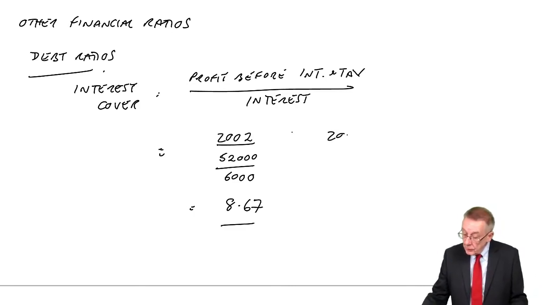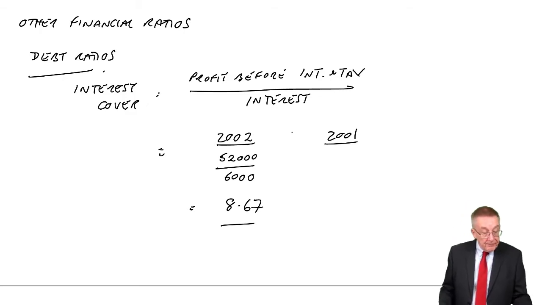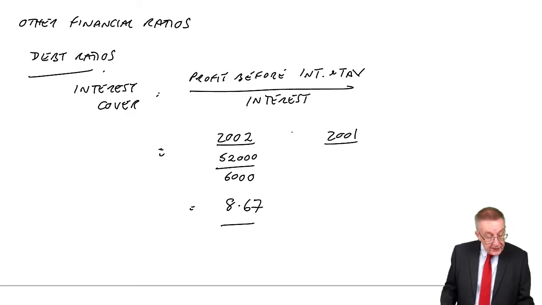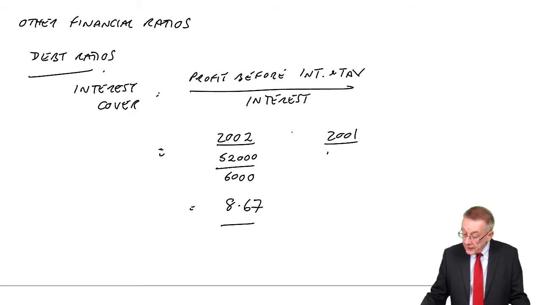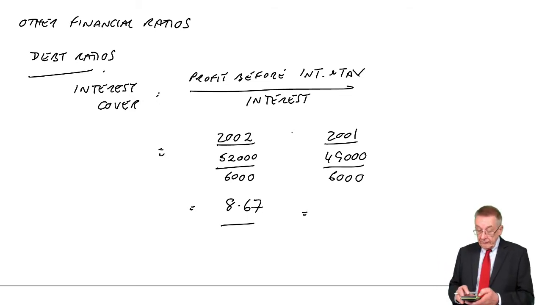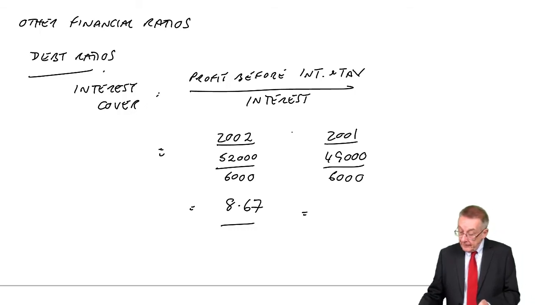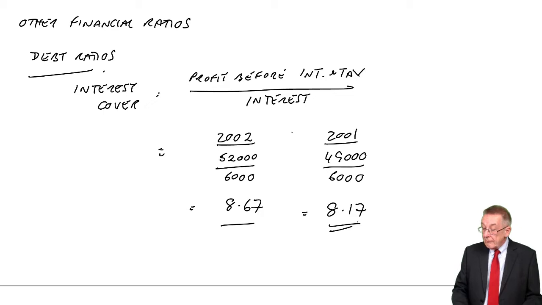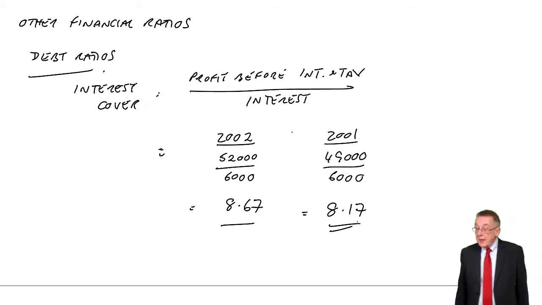Whereas in 2001, the previous year, profit before interest and tax was 49,000. Interest 6,000. 49 divided by 6, 8.17. So on pure numbers, I hope that's clear, and obviously learn it.